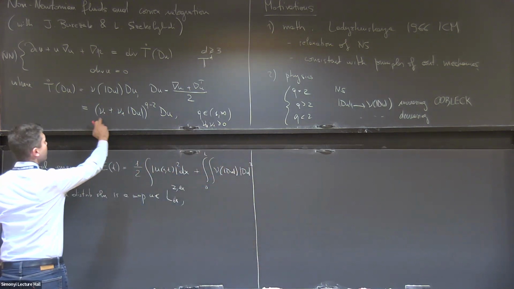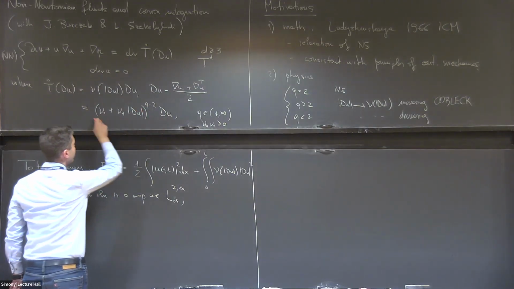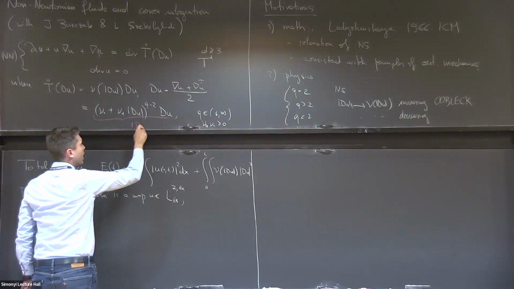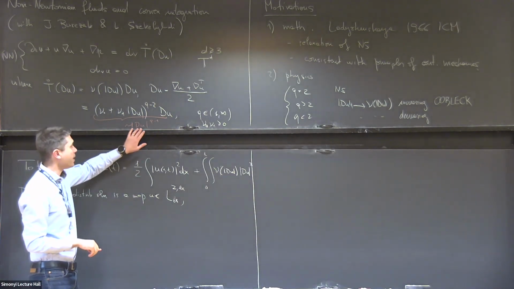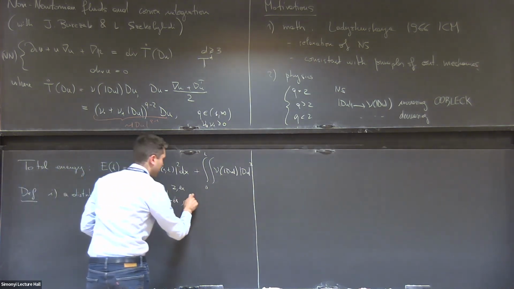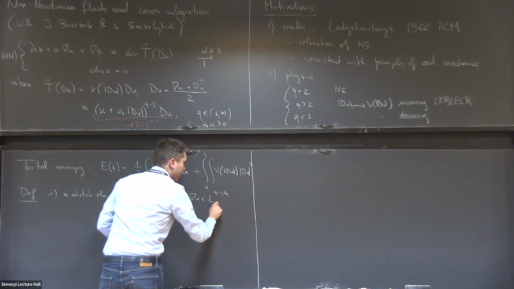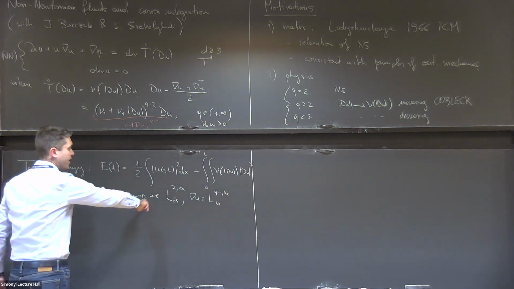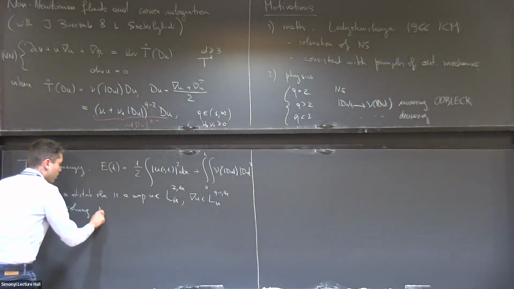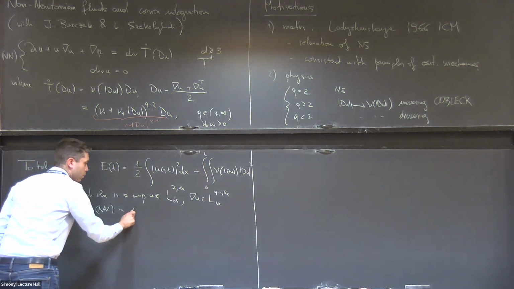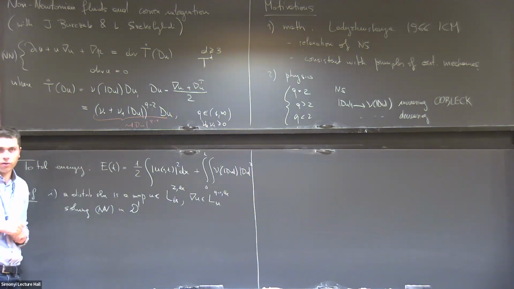You see that this viscosity is behaving like du to the q minus 2. Then there is an additional du. So this one is behaving essentially like du to the q minus 1. So we need this symmetric gradient, but let me just put the gradient in L^(q-1) loc of time and space. So a distributional solution is a map U with those integrabilities solving my non-Newtonian system in the sense of distributions.